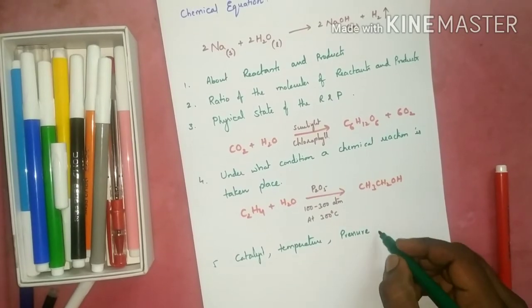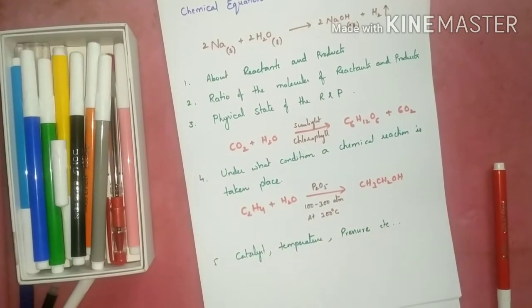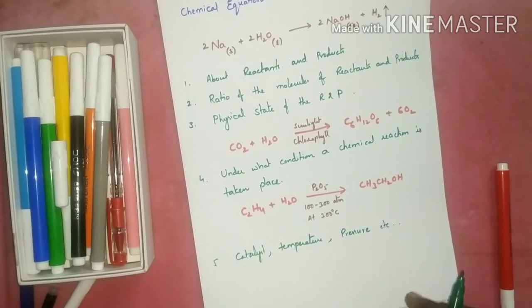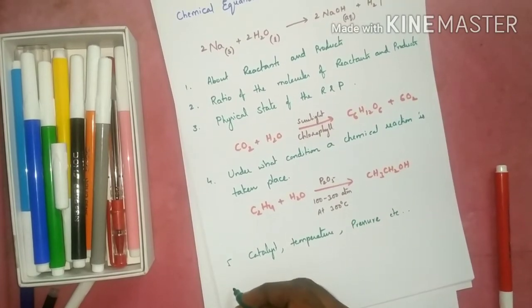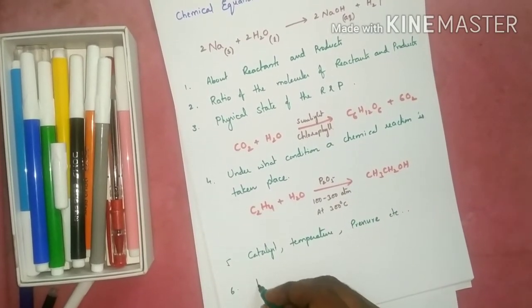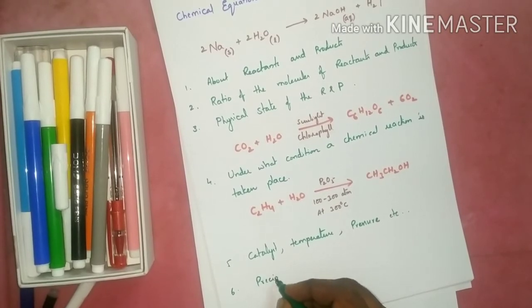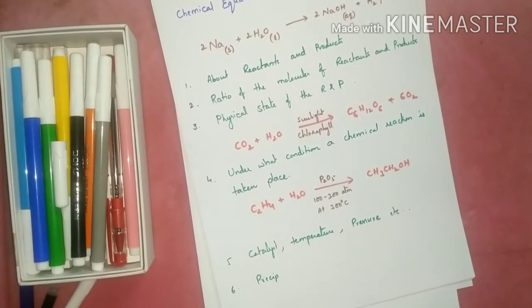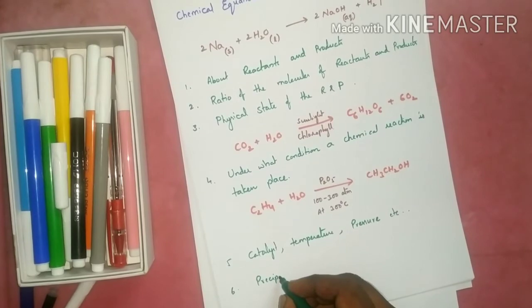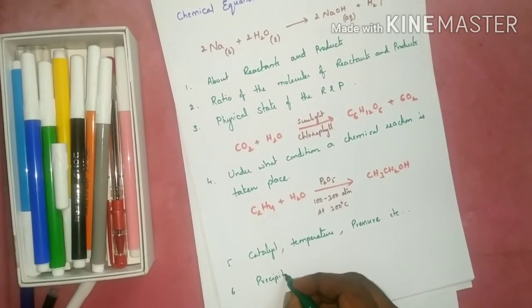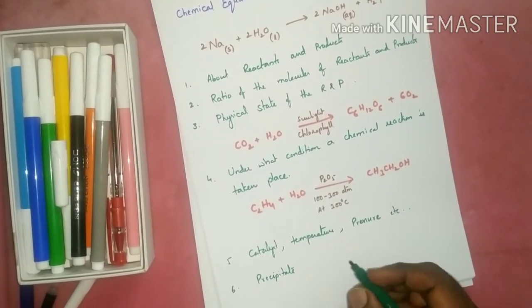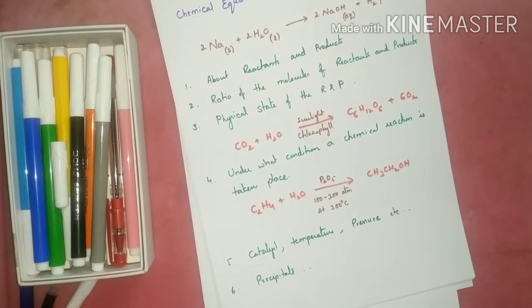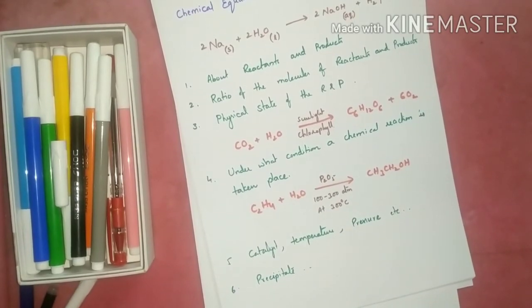So this information will be given to you when you are seeing a chemical equation. And also it says the formation of precipitates. In part 1, we have seen one reaction, the precipitate reaction. If any precipitates are formed, that information also will be given.